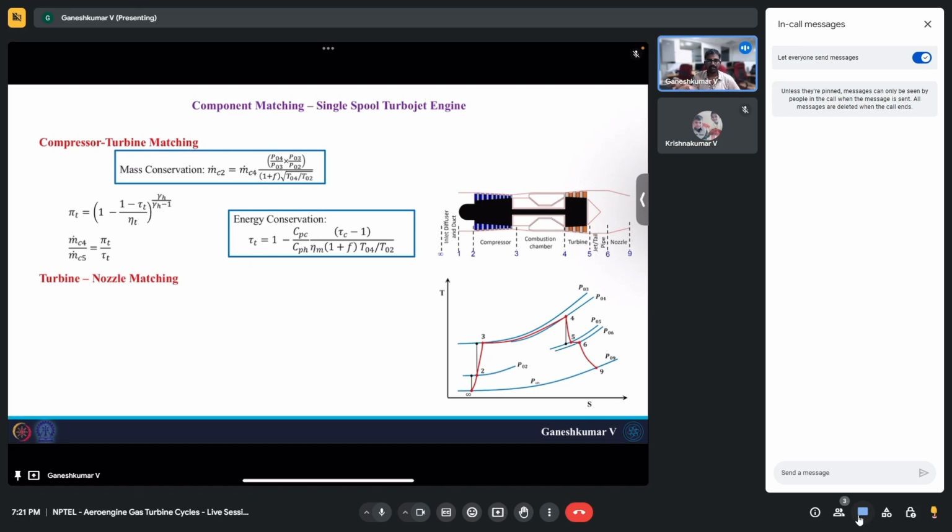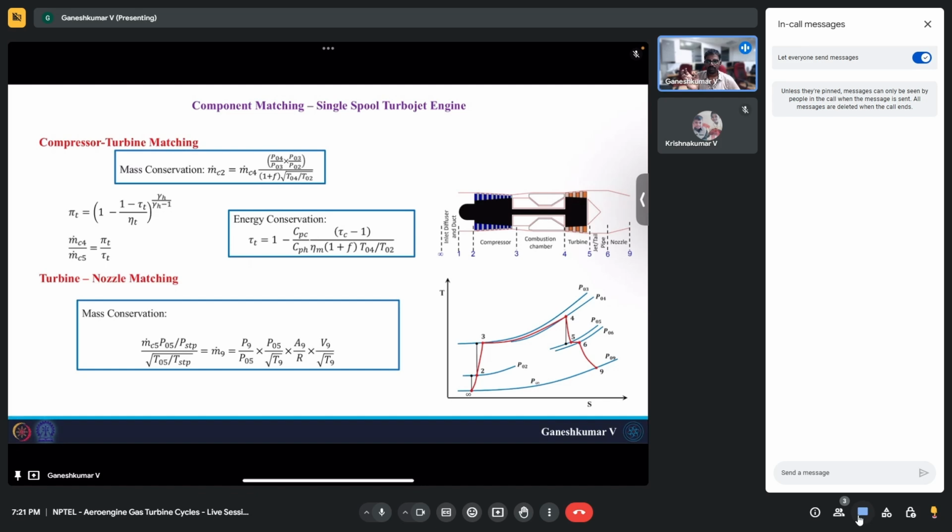And the next component that we need to match is the turbine and nozzle. Whatever mass flow rate comes out of the turbine has to go through the nozzle. Now the nozzle is choked, so for the same pressure ratio it cannot allow higher mass flow.